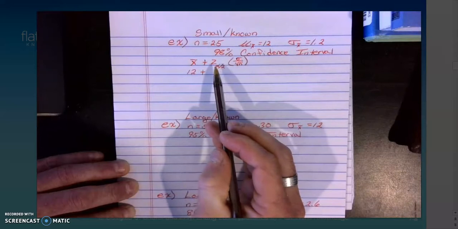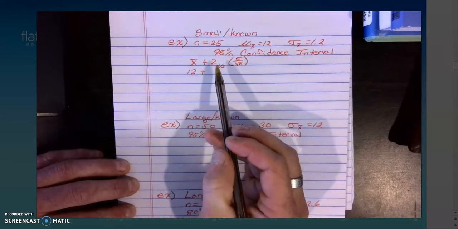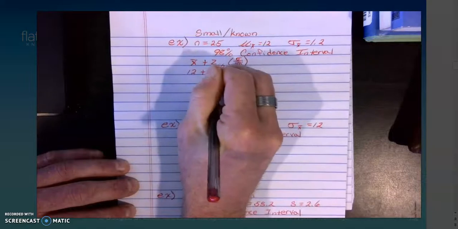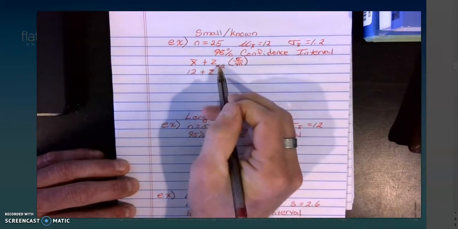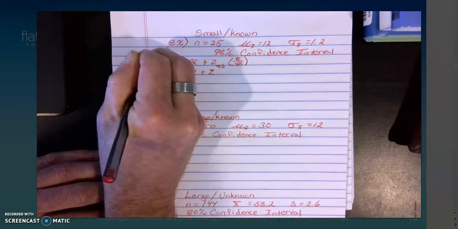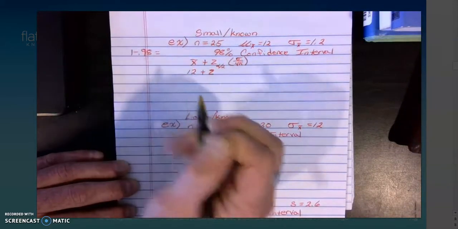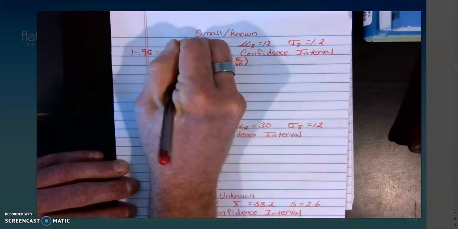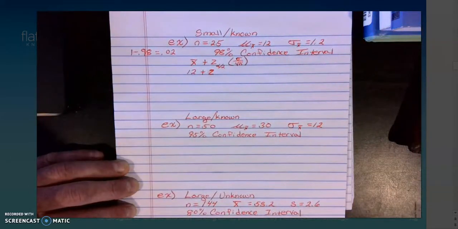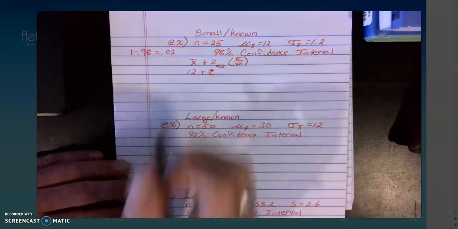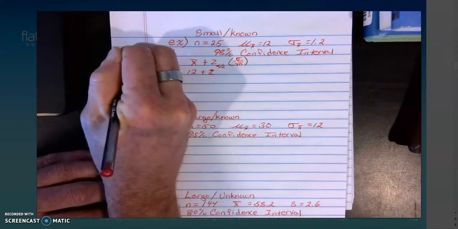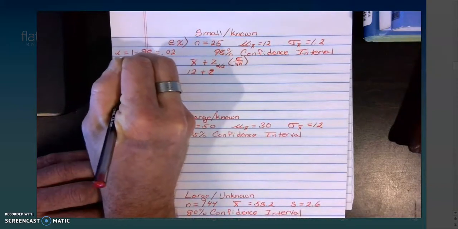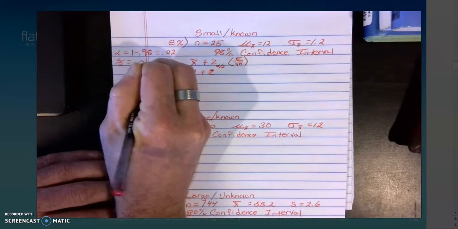Well, for the z-score, this is one that I'm going to have to pause and go to a chart for, but first off, what we want to do is we want to go z to the, and we want to figure out what alpha is. Well, alpha is going to be 1 minus 0.98, okay, which is going to be 0.02, okay, and then if we take 0.02 and we divide it by 2, okay, because that's alpha, then we can say alpha divided by 2 has to be 0.01.